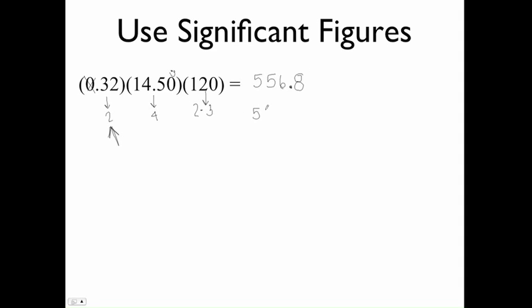I can't do 556. That's 3. Not allowed. I can't do 550. That's 2, but you see how it's 556? 6 is more than 5, so we have to round up. So it can't be that, so it must be 560.